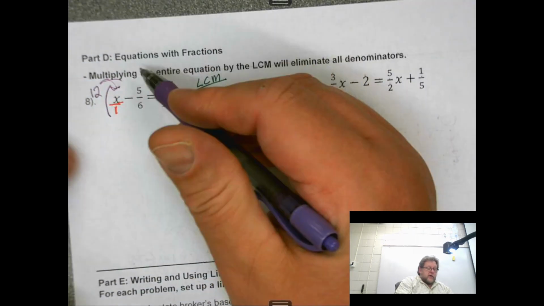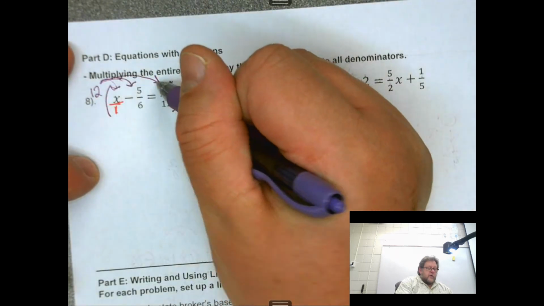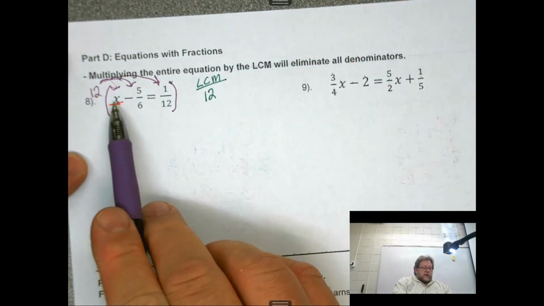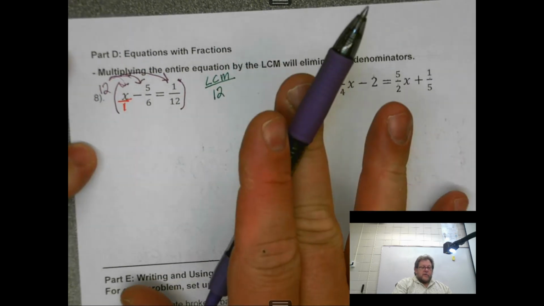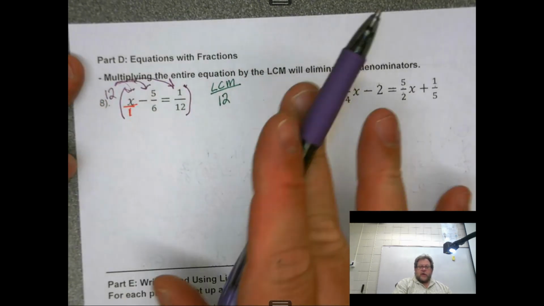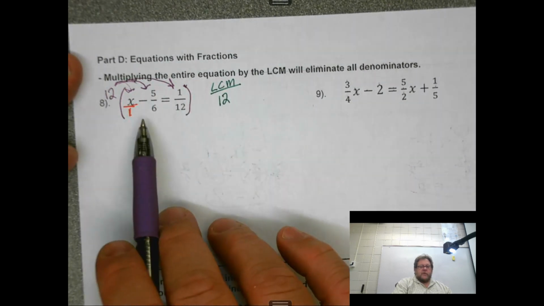12 times x over 1 is 12x over 1, or just 12x, minus, now, again, you might be able to do this in your head. 12 divided by 6 is 2. 2 times 5 is 10.